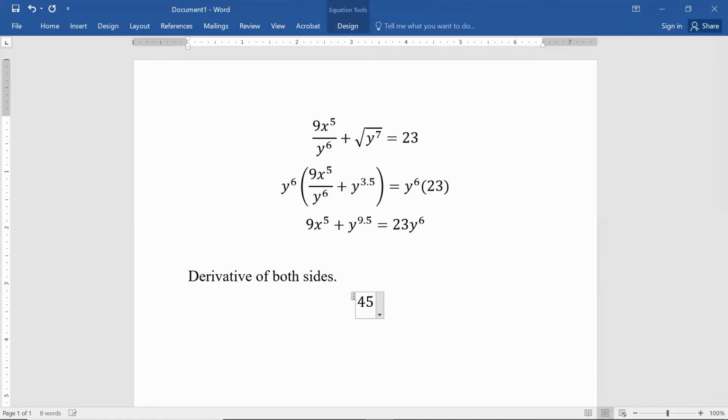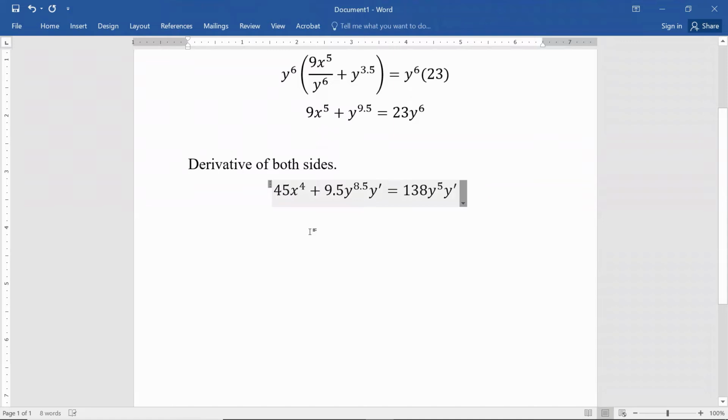That ends up being 45x to the 4th plus 9.5 y to the 8.5 multiplied times y prime. 23 times 6 is 138. So the right-hand side becomes 138 y to the 5th multiplied times the derivative of the inside function, which is y prime.